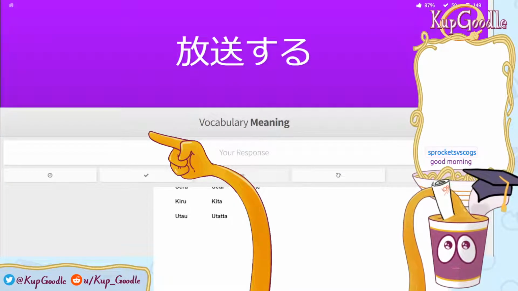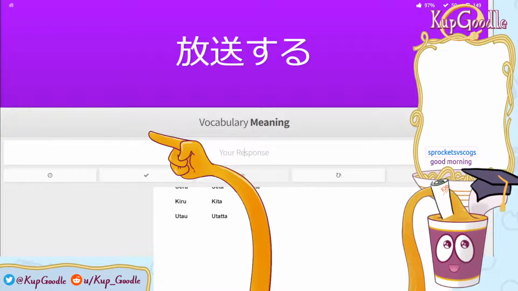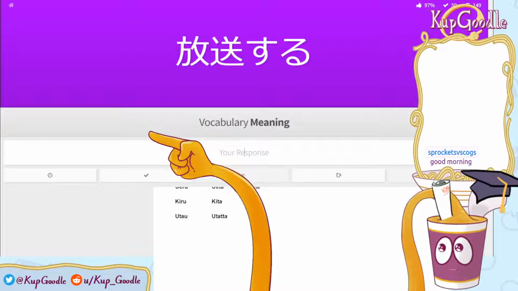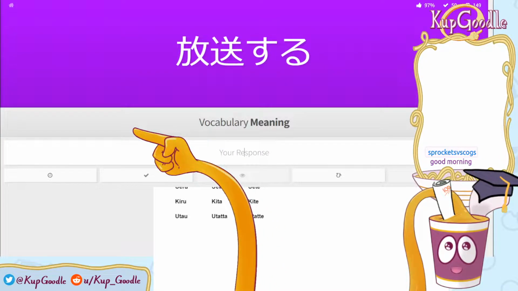What is that one? Housou suru? Yeah, housou suru. As opposed to kaihou suru, it was housou suru. And that is to release, send something. Release, send.